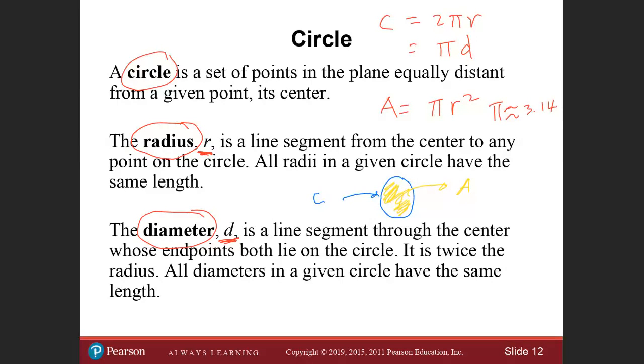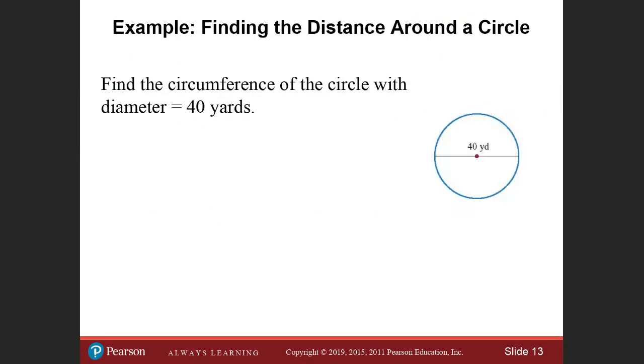Okay, so let's have an example. Here it says find the circumference of the circle with the diameter equal to 40 yards. So just apply the formula.